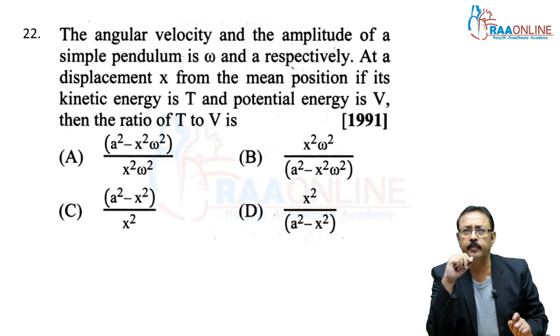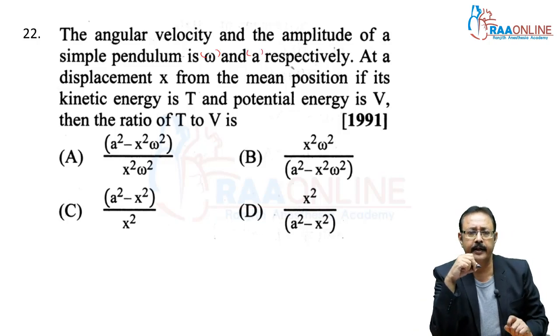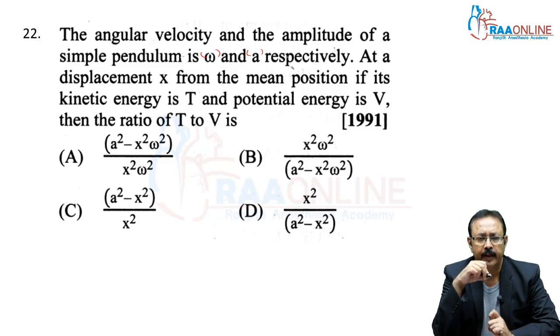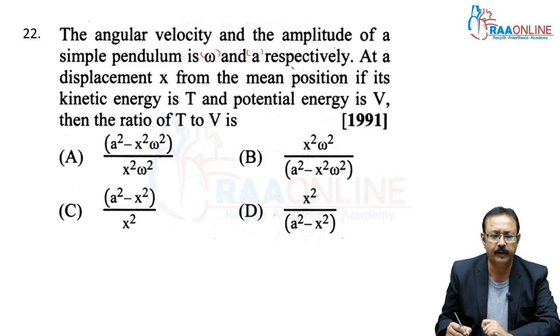22nd. It is from 1991 AIPMT. The angular velocity and the amplitude of a simple pendulum is omega and A. At a displacement x from the mean position, if its kinetic energy is T and potential energy is V, then the ratio of T and V is, we know the formula. What was the formula?